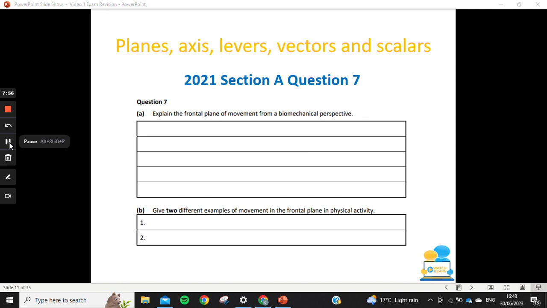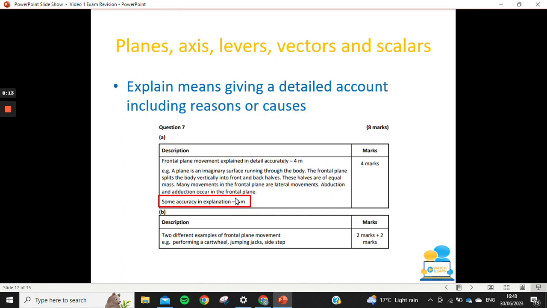So another potential question which could be asked is to explain the planes of movement or the axis of movement. So this time in 2021 we were asked to explain the frontal plane of movement from a biomechanical perspective and give 2 examples of movement in the frontal plane in physical activity. So to explain means to give a detailed account, including reasons or causes.